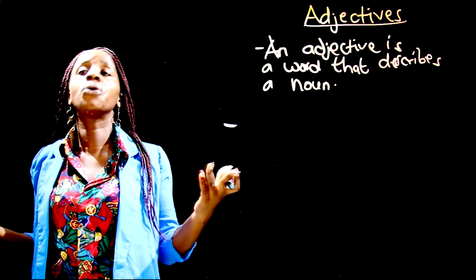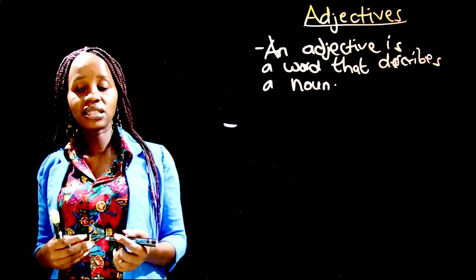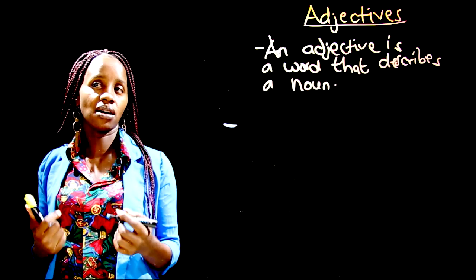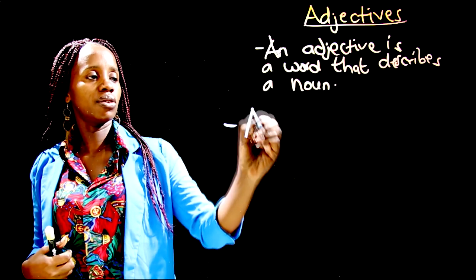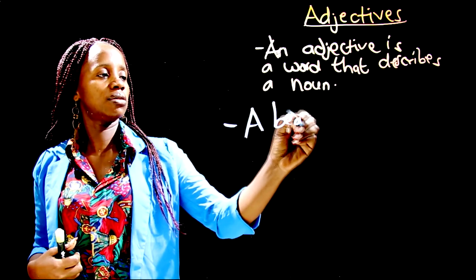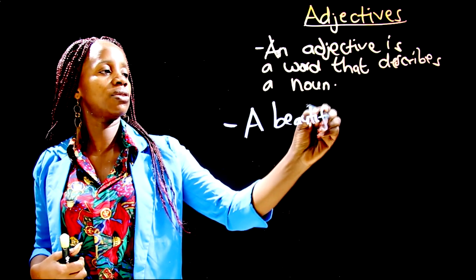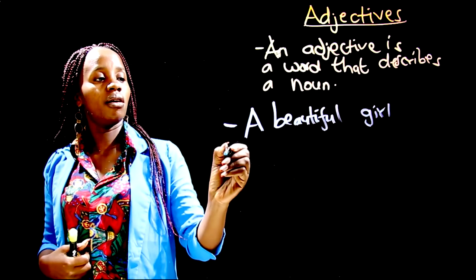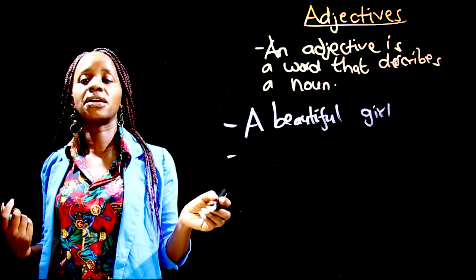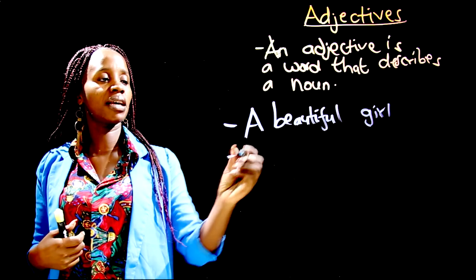This is the common way that you are used to. For instance, let's say you're describing a girl. You'd say a beautiful girl. Let's say you're describing a monster. What will you say?